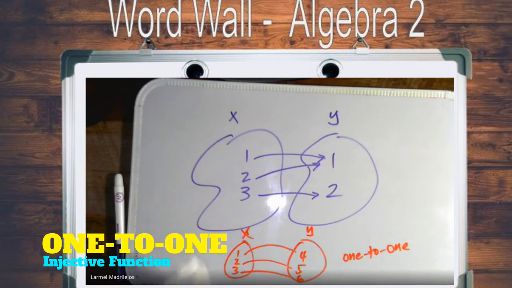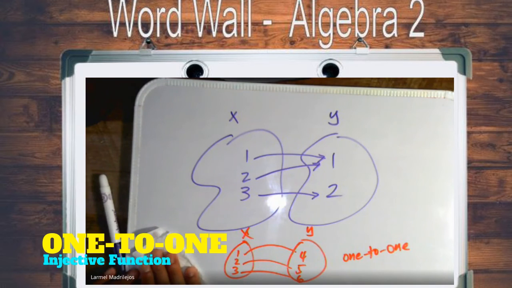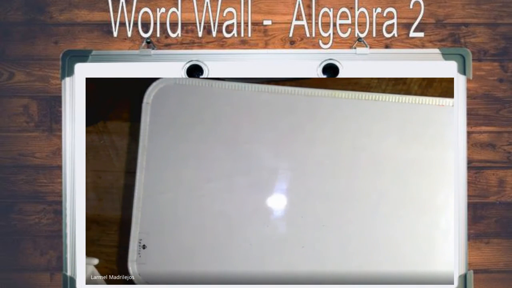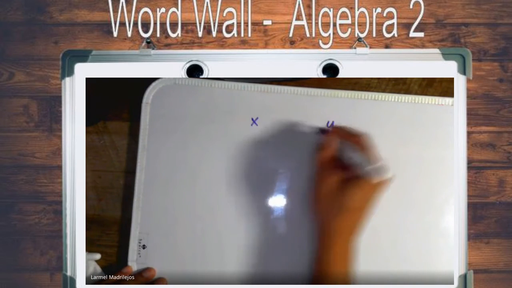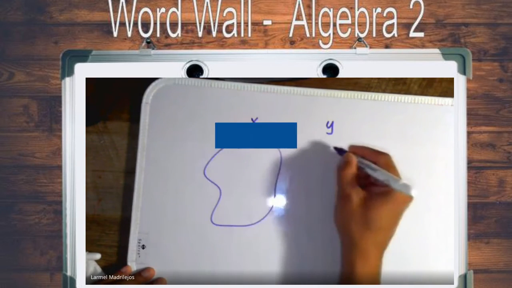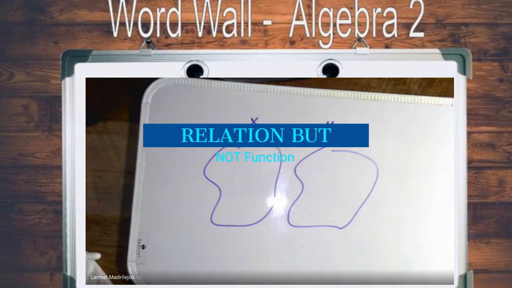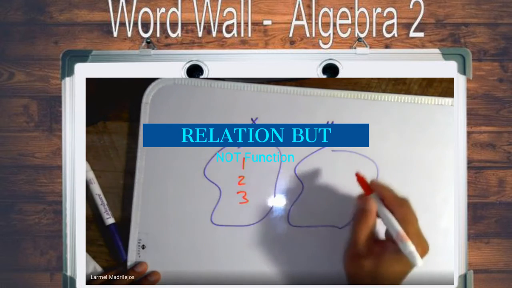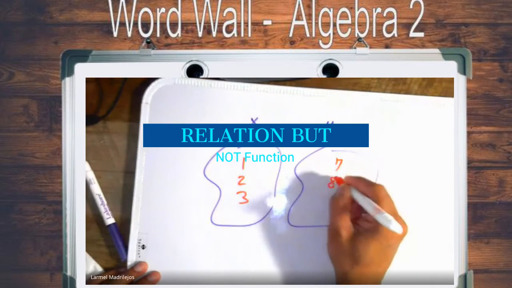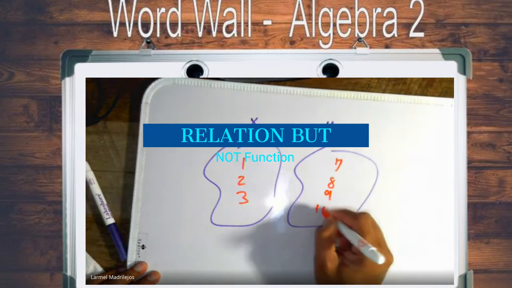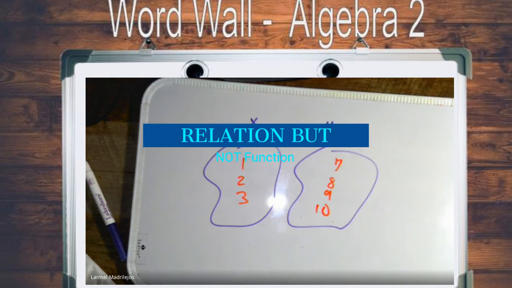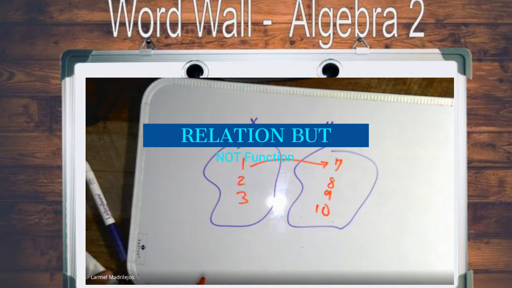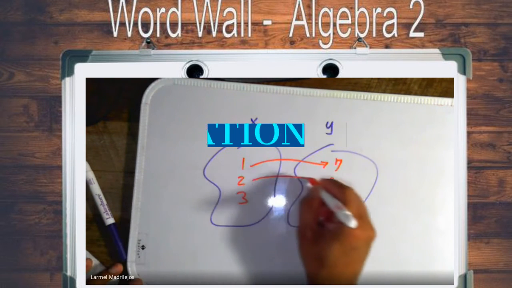Next word is relation but not function. Let's say x, y. This is the mapping here. Okay. 1, 2, 3, and 7, 8, 9, 10. So 1 is associated with 7, 2 is associated with 8.